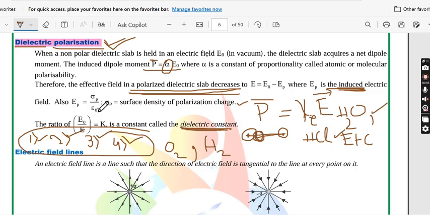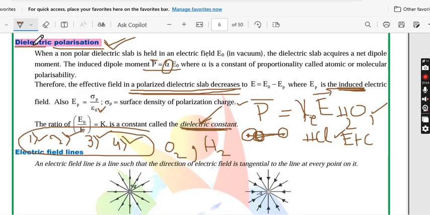Epsilon naught is the permittivity of free space, that is, in a vacuum. The ratio E naught divided by E is equal to K, called the dielectric constant. This is all about dielectric polarization.